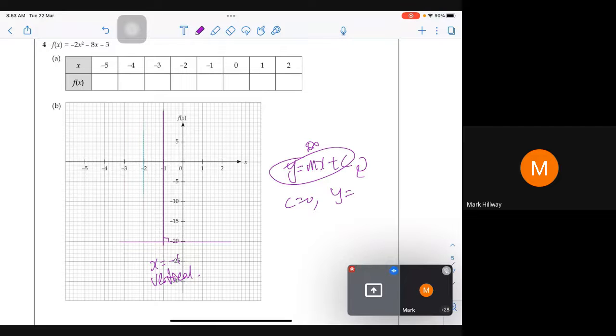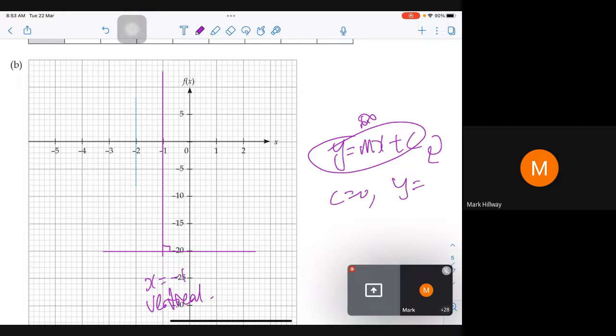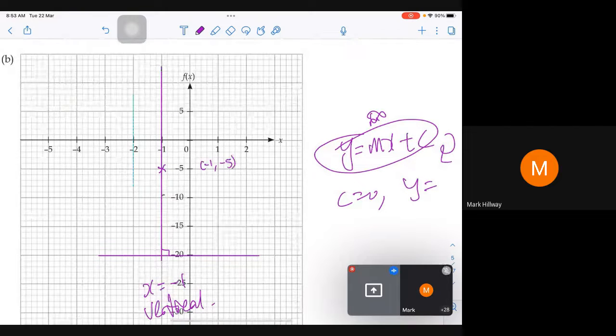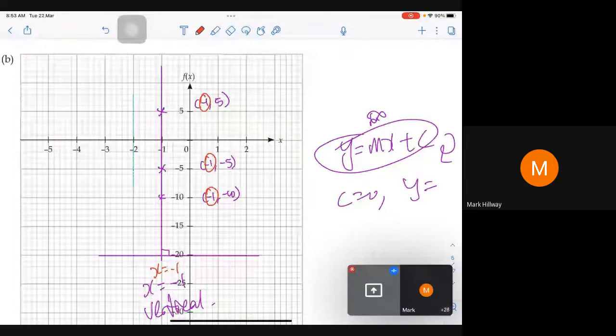Because you see, this coordinate is -1, -10. This one is -1, 5. So the value for s will keep s equals -1, right?